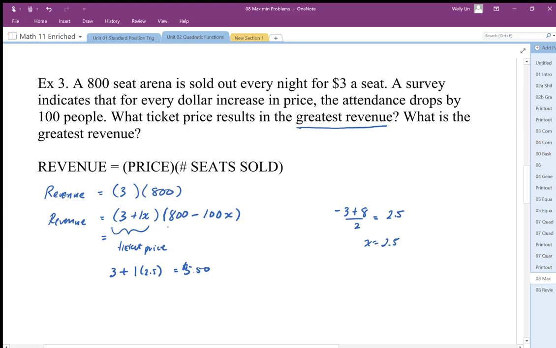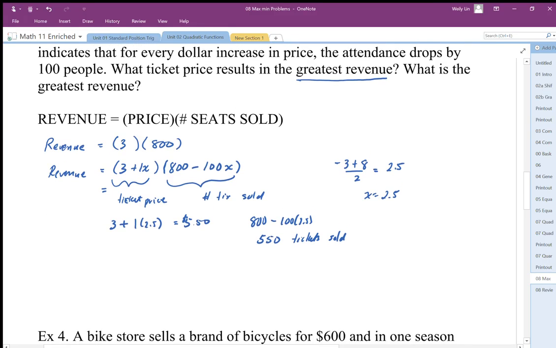This represents the number of tickets sold. That works out to be 800 minus 100 times 2.5, and that's going to give us 550 tickets sold. So we can solve it that way by finding the zeros.